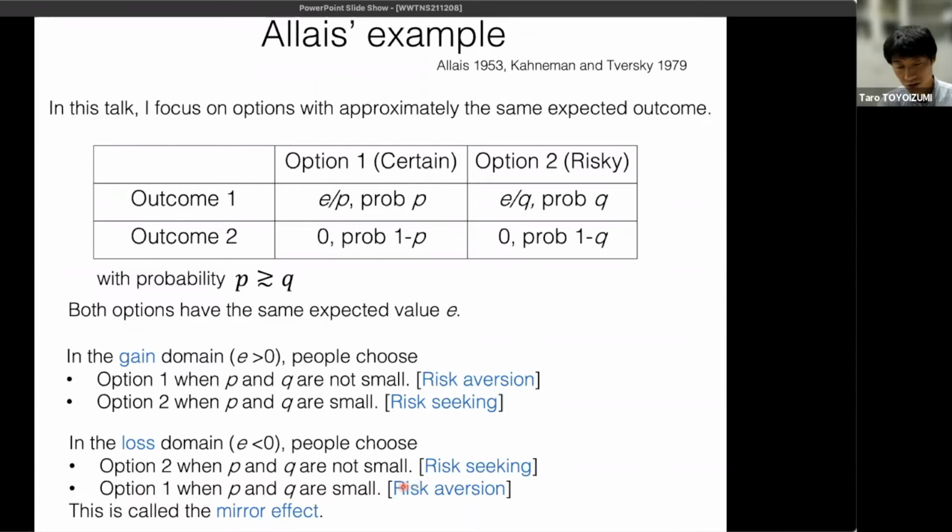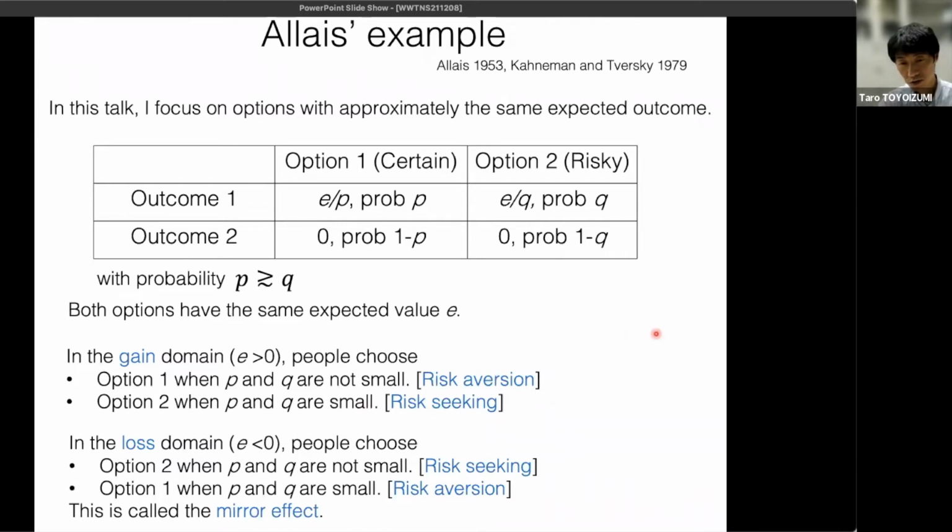That means that if there is a low probability disastrous event, people tend to avoid that option, perhaps by buying insurance. If you compare this risk preference in the gain domain versus the loss domain, you can notice that the preference is flipped. This is called the mirror effect. The preference is opposite in the gain and the loss domain. This is a known property that violates classical utility theory.